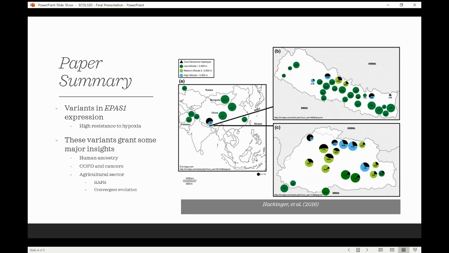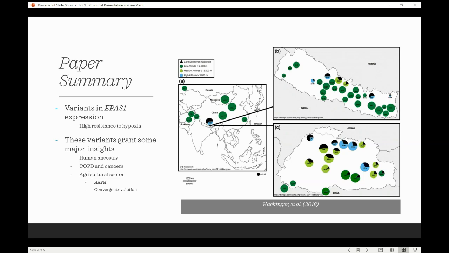EPAS1 also granted some major insights by studying these variants. In human ancestry, as we can see on the right in the figure, Denisovan haplotypes are present in some of these Bhutan and Tibetan populations. The black in the pie chart represents a relatively unchanged Denisovan haplotype in comparison to the colored phenotype that we see in the rest of the pie charts.